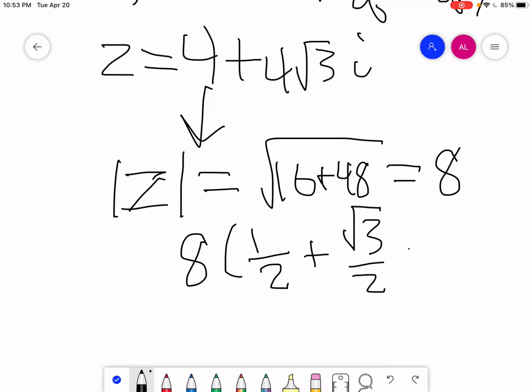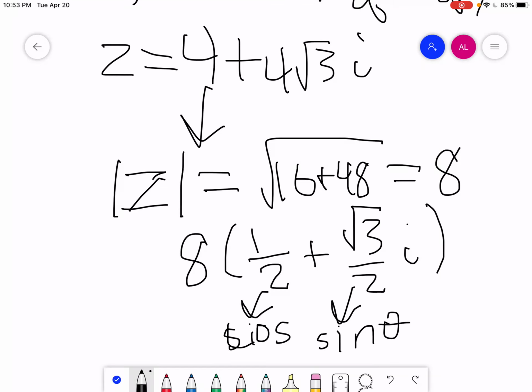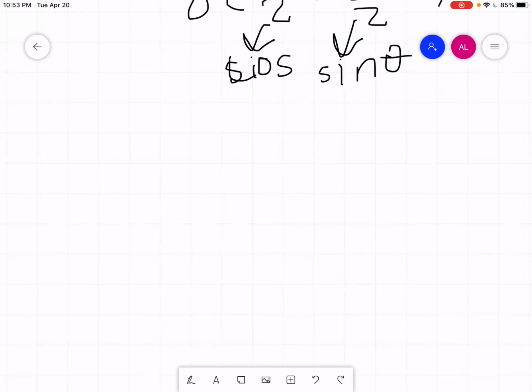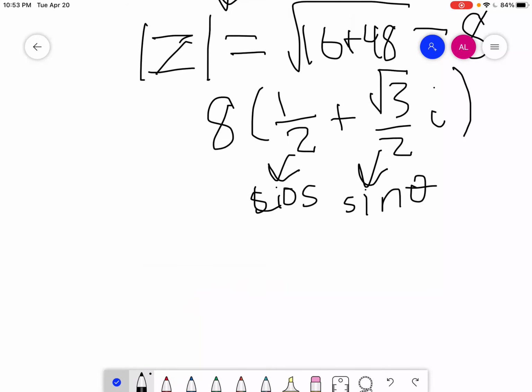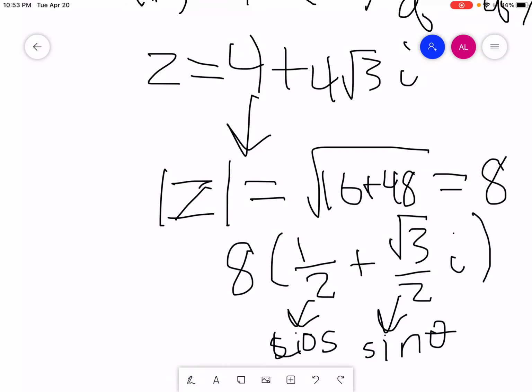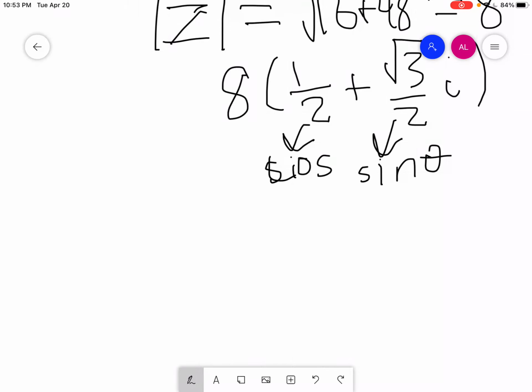And this is the same thing as cosine of theta, and this is the same thing as sine of theta. Just recognizing our special angles in trigonometry, we know that theta is actually just 60 degrees.